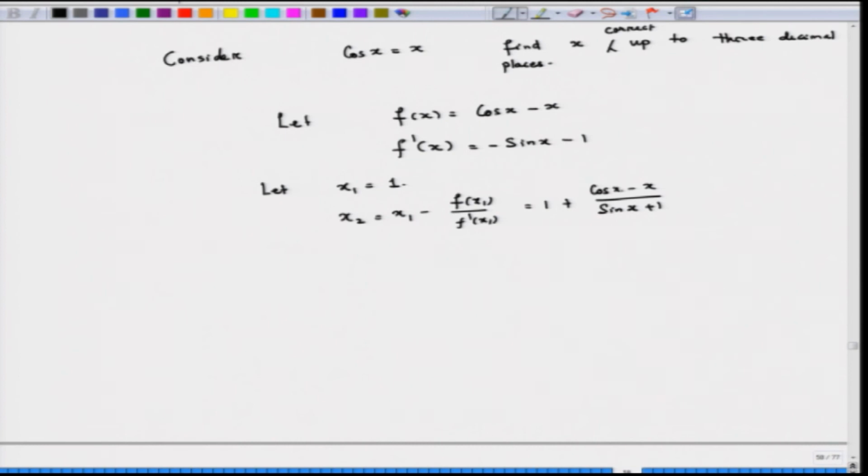Okay. So, now this x 1 is 1. So, I can write down cos 1 minus 1, then this is sin 1.